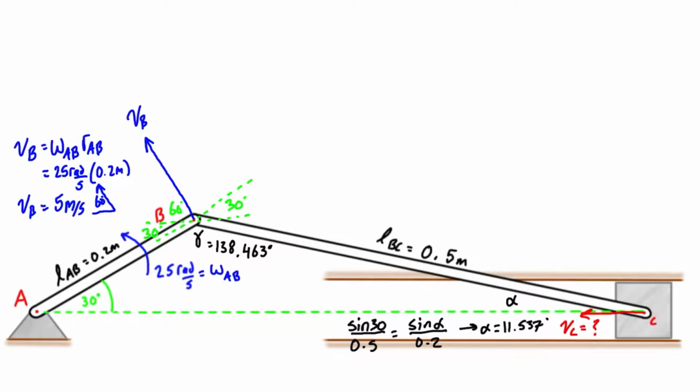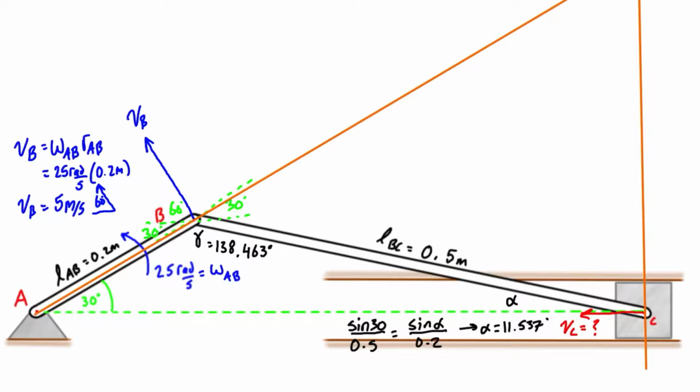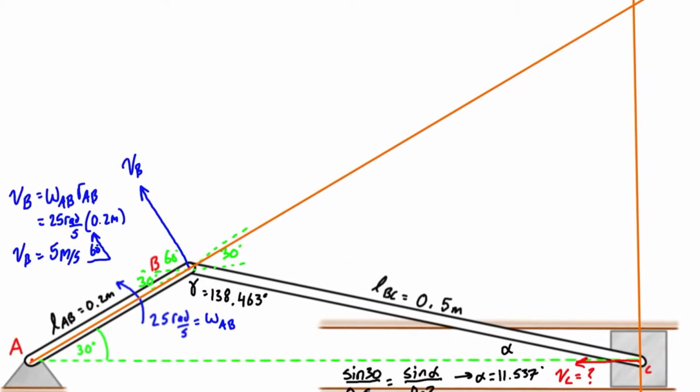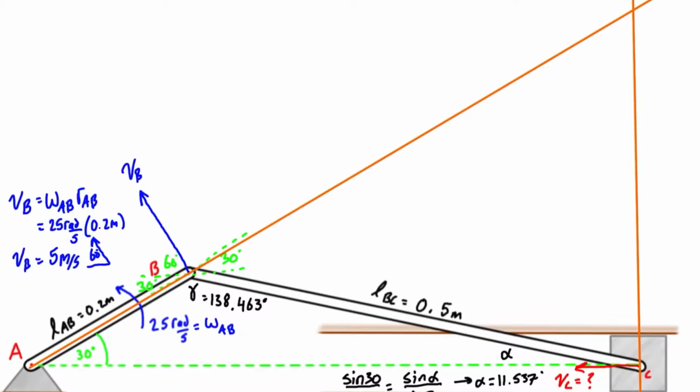So if we want to draw in our perpendicular lines to those velocities, the one for point C would come straight up like this. And then for B, it would actually pass through A and B to be perpendicular and go off the screen. So let's just slide that down a little bit so we can see. And this point of intersection is going to be the instantaneous center of zero velocity for member BC at this exact moment in time.